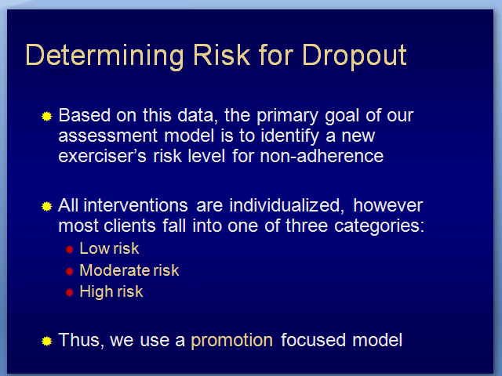If they're moderate risk, we're going to intervene, we're going to develop a plan, we're going to follow up. If they're high risk, we're going to intervene, we're going to develop a plan, we're going to follow up. So moderate and high risk are really treated the same, and low risk are really not given additional attention because they probably are going to be fine. And so we're promoting continuation of physical activity. That's the promotion-focused model. We are identifying and promoting physical activity through the interventions and by being proactive in our screening.